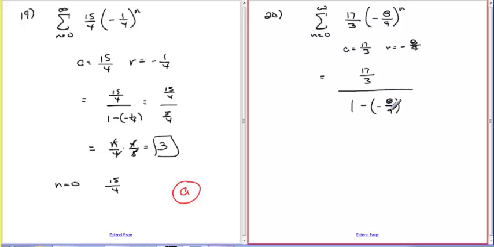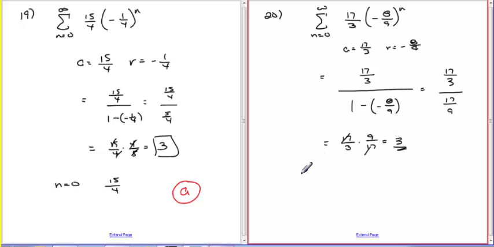Make sure I wrote that down correctly. It looks right. Okay, so 17/3, and 9/9 plus 8/9 is 17/9. So we take the reciprocal of the denominator, and you see we get 3. These cancel out. 9 divided by, okay, so it converges to 3 again.